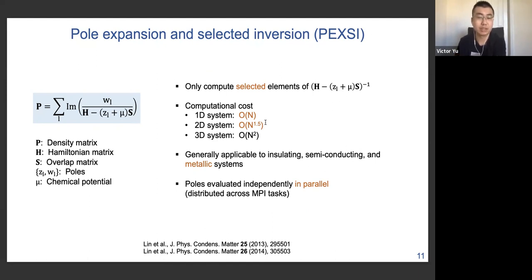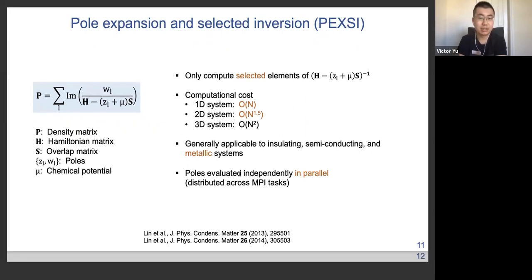By doing this, the computational cost is reduced from cubic scaling to linear scaling for 1D systems, O(n^1.5) for 2D systems, and O(n^2) for 3D systems, which is a big improvement over dense eigenvalue solvers.